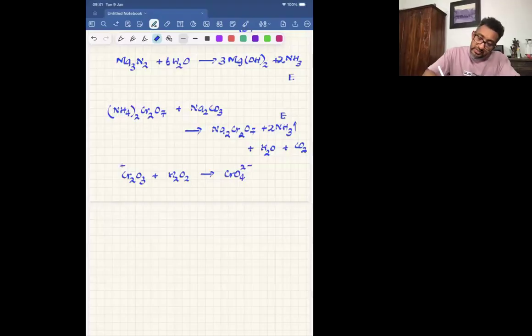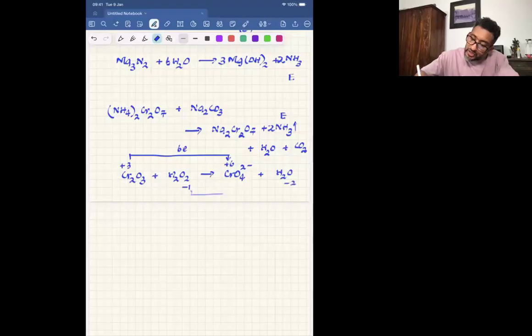This is plus 3, this is plus 6. Plus 3 to plus 6 is oxidation. Hydrogen peroxide should undergo reduction to H2O. Plus 3 to plus 6 is 3 electrons each, altogether 6 electrons. This is minus 1 to minus 2, 2 electrons. So multiply this by 3, and this is 3, this is 6, this is 2.